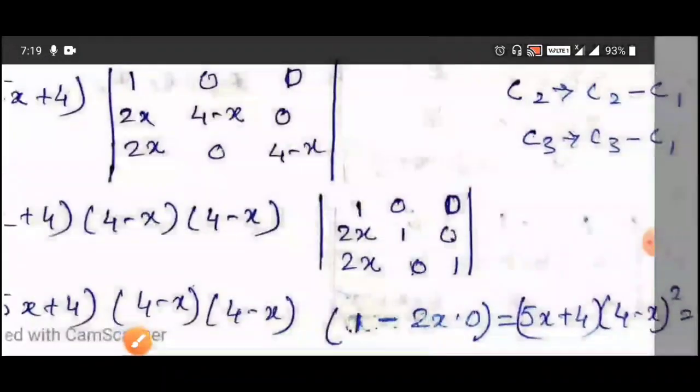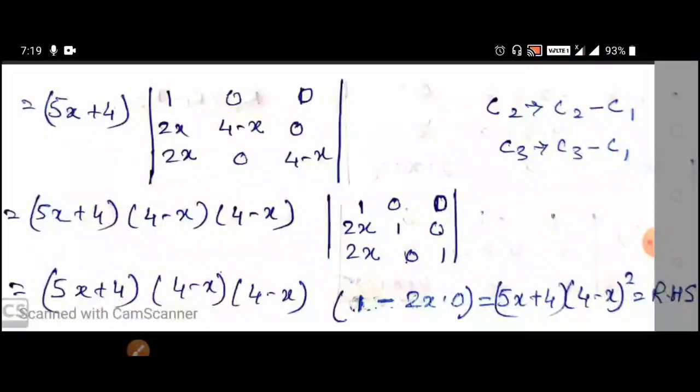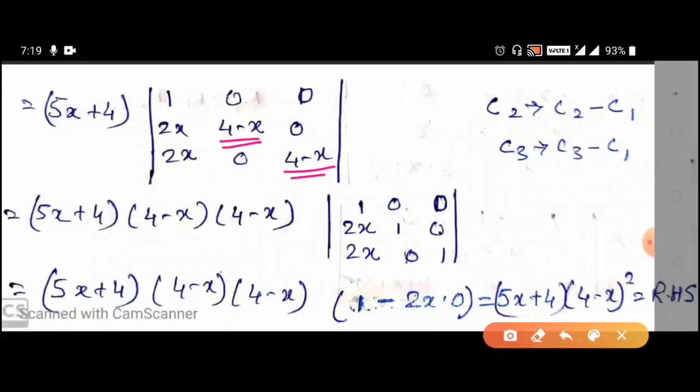So let's see. Here you see we have done column 2 replaced by column 2 minus column 1 and column 3 replaced by column 3 minus column 1. Now see, after doing this step we get 4 minus x here also.